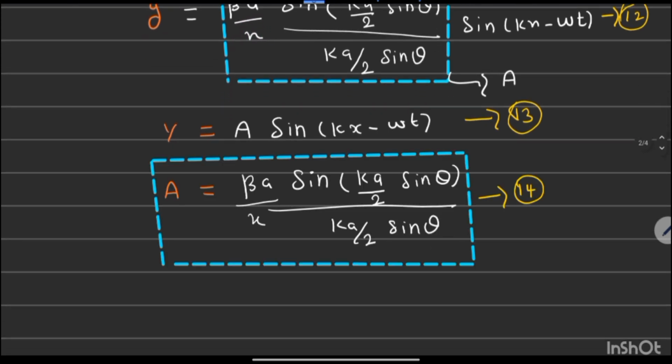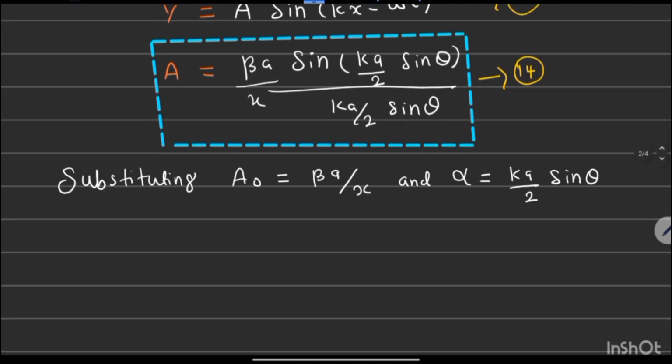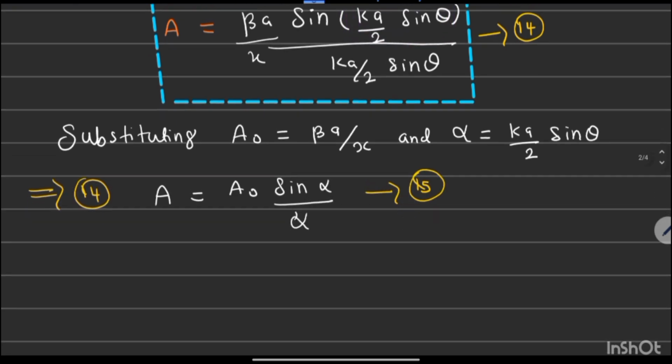Taking this amplitude and substituting beta a by x as a naught, and alpha equal to ka by sin theta, gives the simplified version of the amplitude in terms of a naught and sin alpha by alpha.